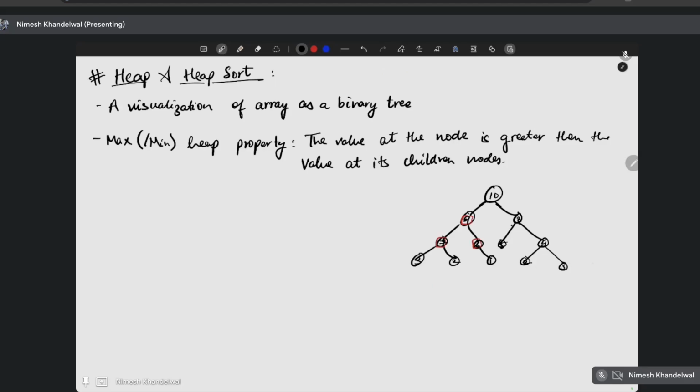So even if the values are repeating, all the nodes have a value greater than their children nodes, right? So this one follows a max heap property, right?